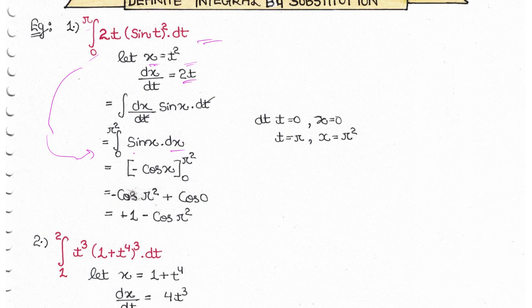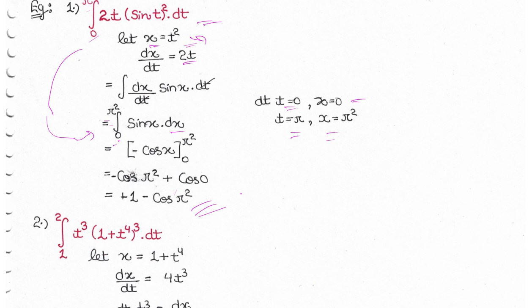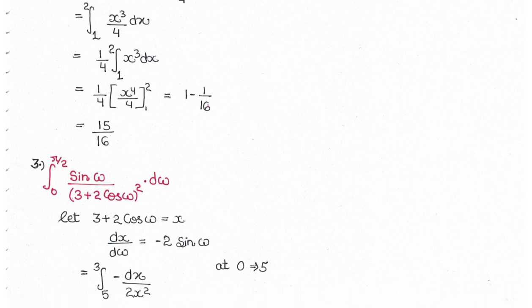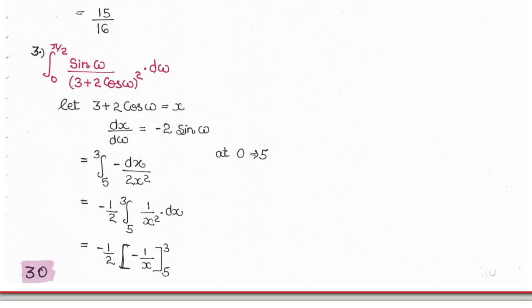Now for this we also have to change the upper limit and lower limit. If we put t is equal to 0, we have x is equal to 0. If we put t is equal to π, we have x is equal to π². So our new limits are lower limit 0 and upper limit π². If we integrate this, we get this. Similarly, you can also check this integral and solve it step by step. This integral also.